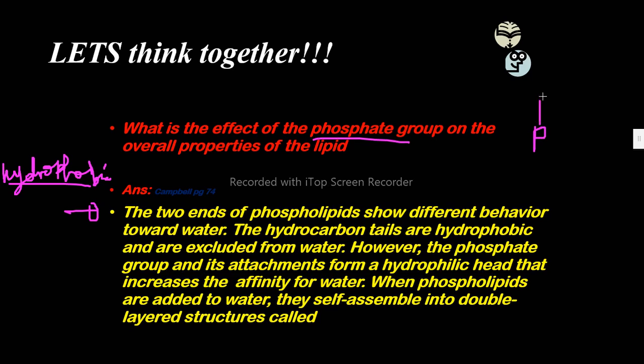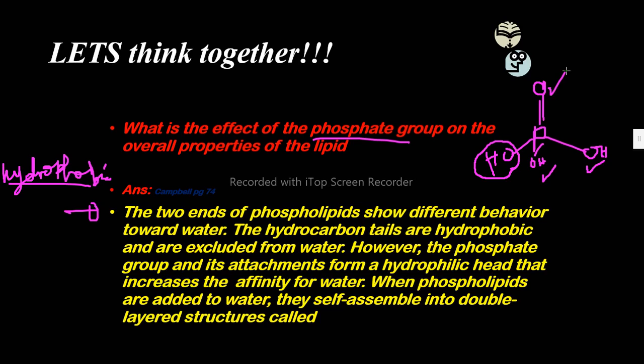This is P and this is O, and the rest are OH. You would use one OH to condense with the glycerol, and then you remain with this OH, this OH, and this O.